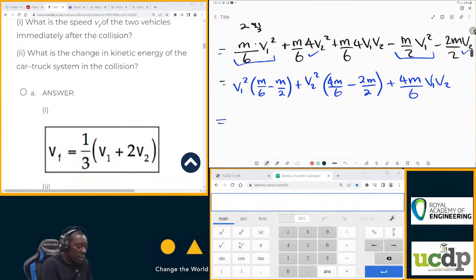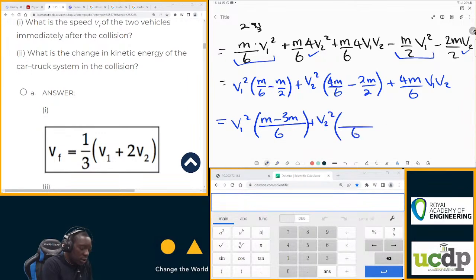Now simplifying this, this is V1 squared over 6, 1 m minus 3m, plus V2 squared over 6 again, 4m minus 6m.